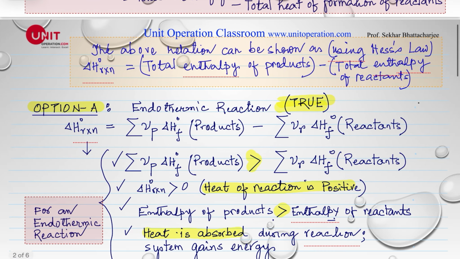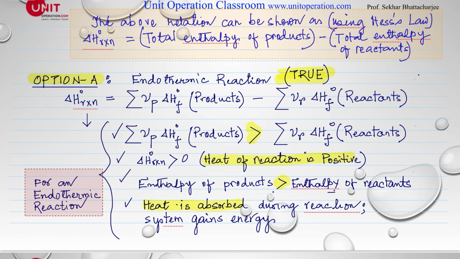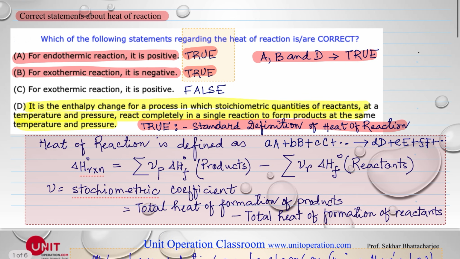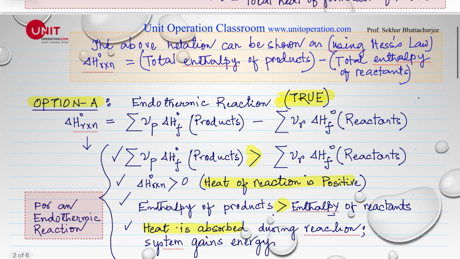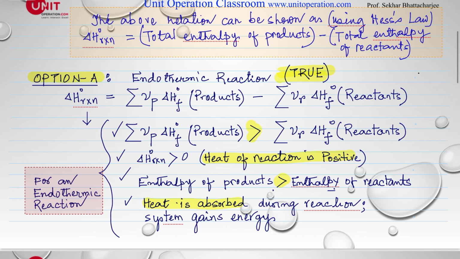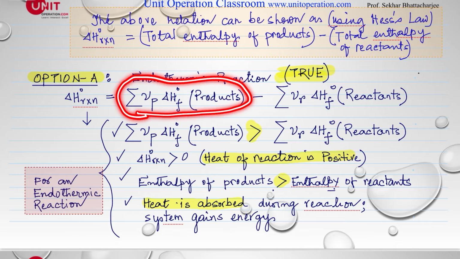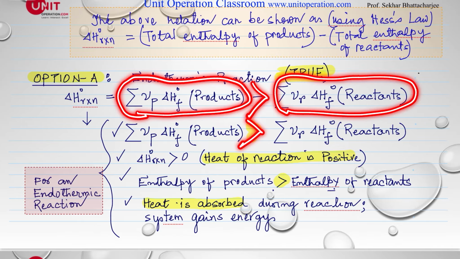Option A: we are now taking the endothermic reaction. For an endothermic reaction, it says that the heat of reaction is positive, which is very true. For an endothermic reaction, the total enthalpy of the products is greater than the total enthalpy of the reactants, of course.